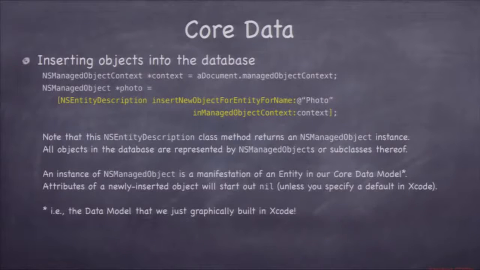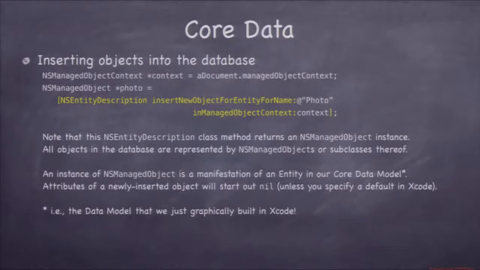Now, that could mean that all of its attributes are nil, but we didn't see this in Xcode. When you inspect a property in Xcode, you can actually specify a default value, and it'll have that value. So maybe you want the upload date by default to be the date the object was created, or some fixed date, or you want the title to always be at least the empty string or something like that.